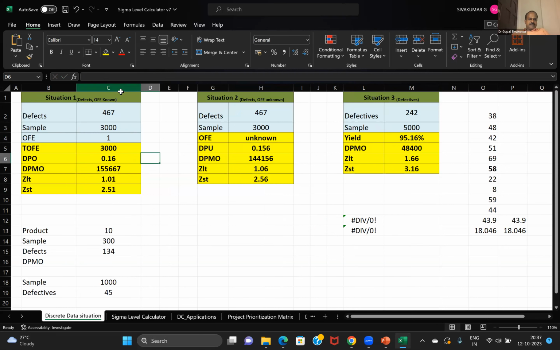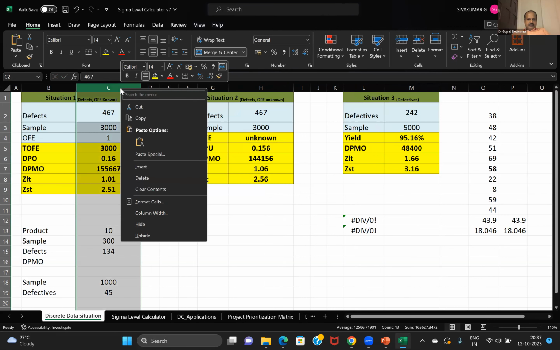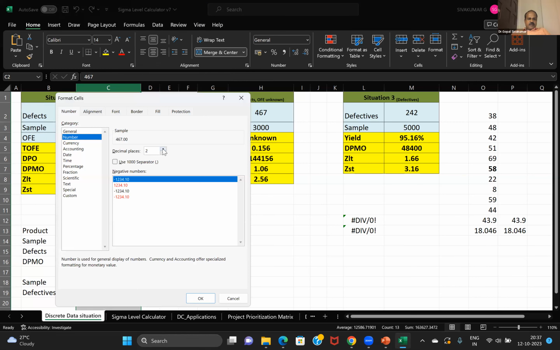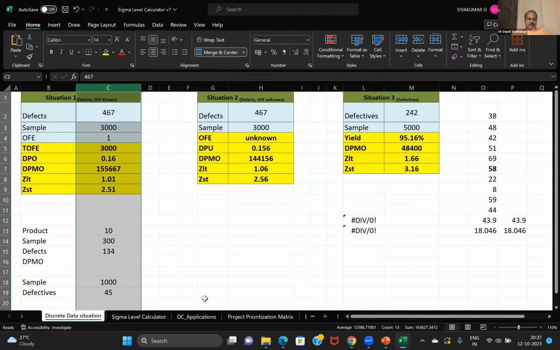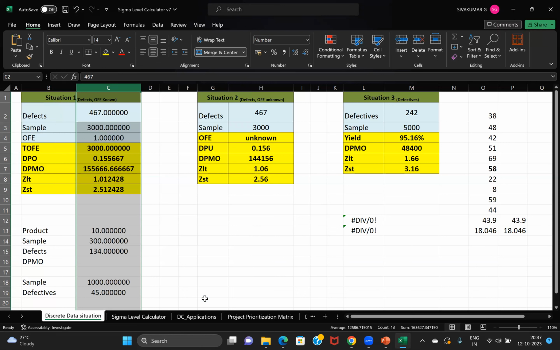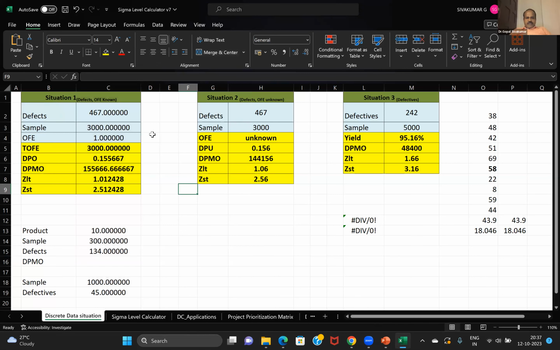Then we will get the matching. And now we got a close answer. So nothing to worry. So that means when defect opportunity is not given, we consider opportunity for a defect as 1. Is it clear, all of you, how to use the Excel sheet I have demonstrated?